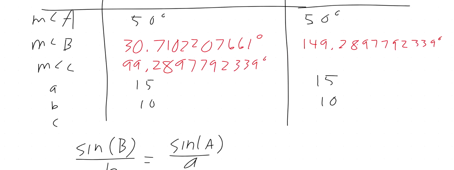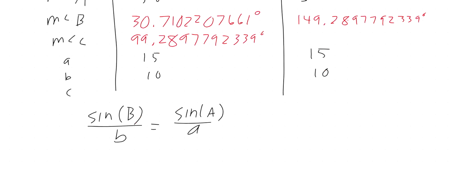Let's go ahead and find side C. And again, using the information we were given as much as possible so we don't have to rely on a calculation. All right, so it is going to be 15 sine of, remember what we got for C, divided by sine of 50.